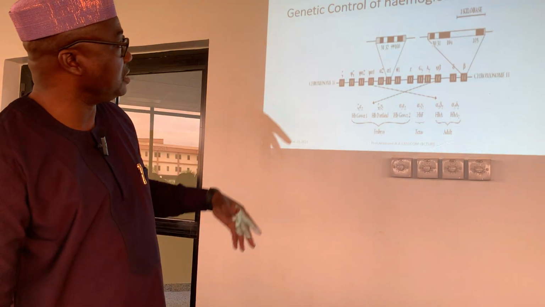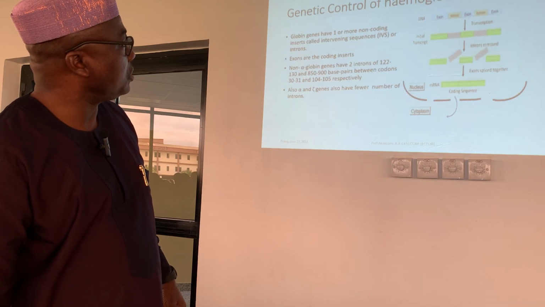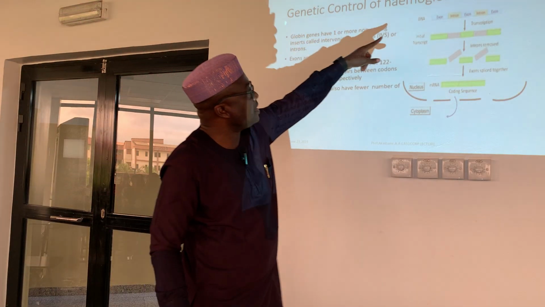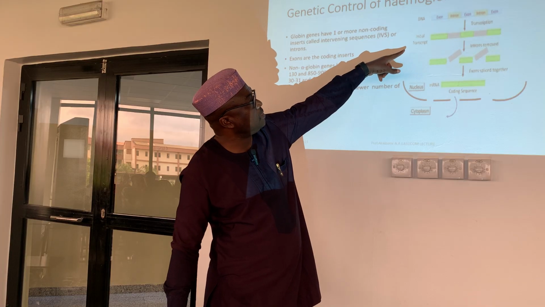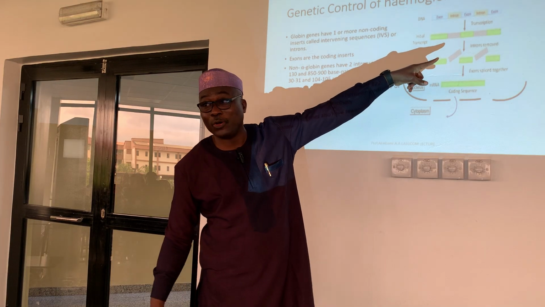This is just the genetic structure again. You don't need all this. So this is what I'm talking about. The DNA will now be in this initial transcript with mRNA. You can see two colors.